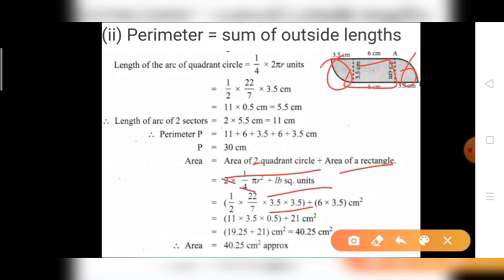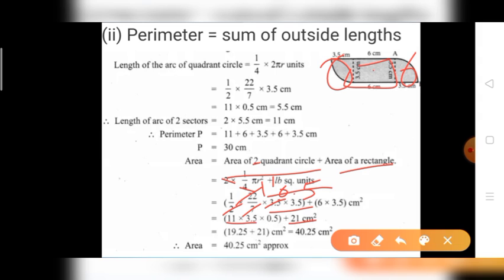Multiplying: cancel the 2 table, 11 twos are 22, then 11 into 0.5 into 3.5, plus 3.5 into 6, which is 21 centimeter square.